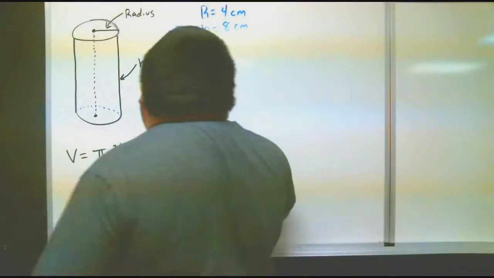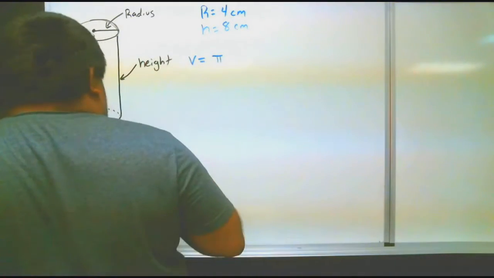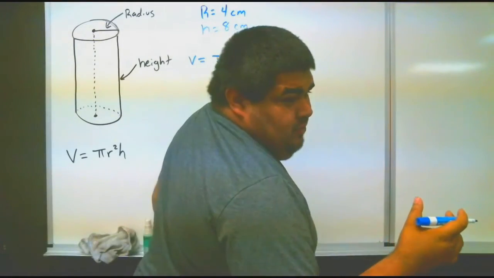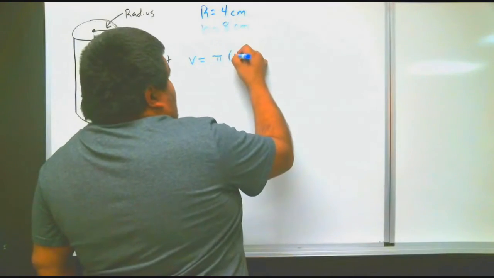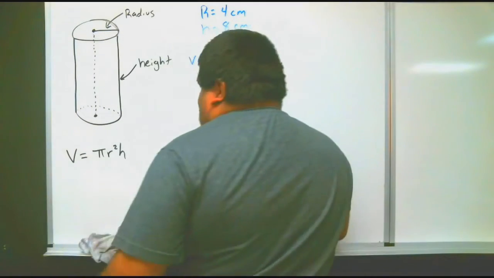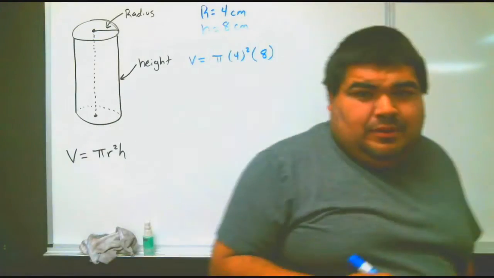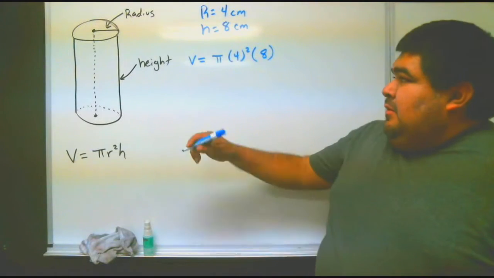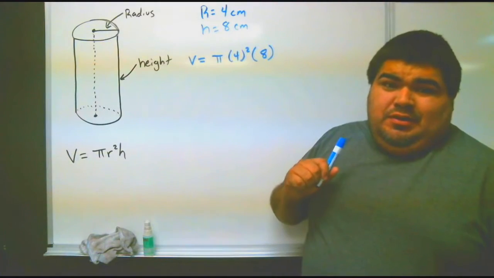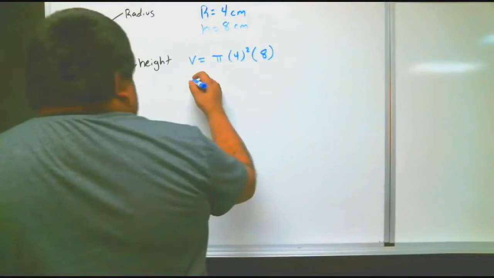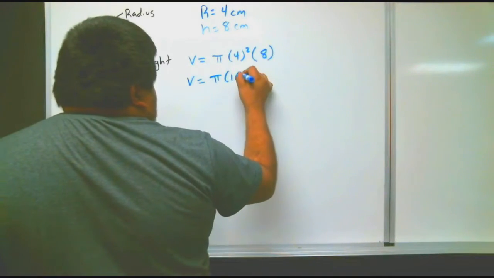So we say V, or volume, equals pi r squared, where r in this case is 4, times our height, which is 8. Notice that we have a square, so we can do 4 times 4, which is 16. So we have V equals pi times 16 times 8.